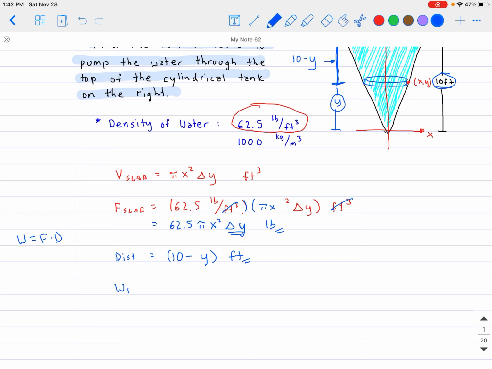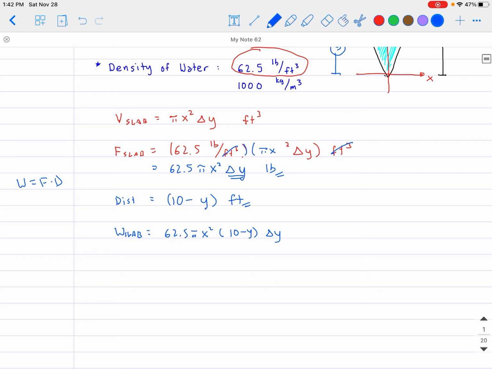So the work for the slab is going to be equal to 62.5 pi x squared multiplied by 10 minus y, and then we also have delta y. If I want to find the total work, it's going to be the sum of every single one of those slabs.